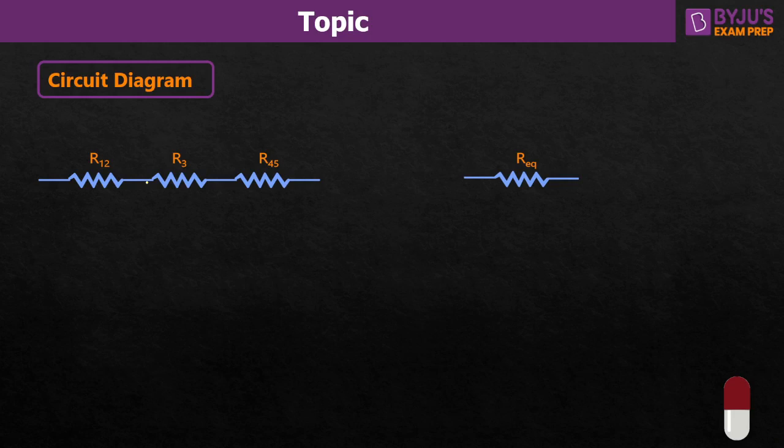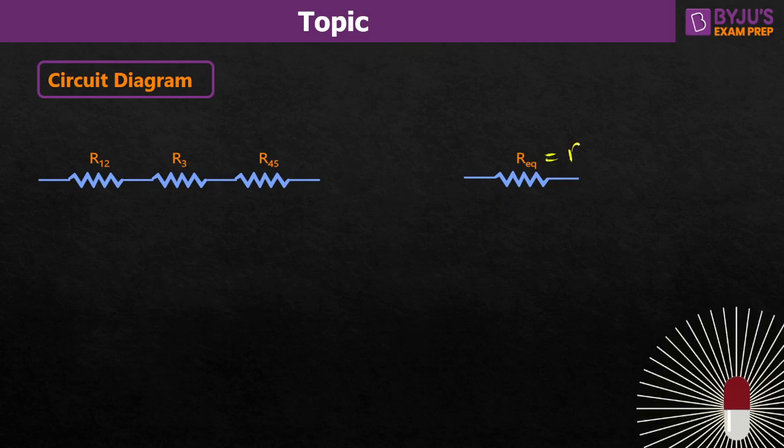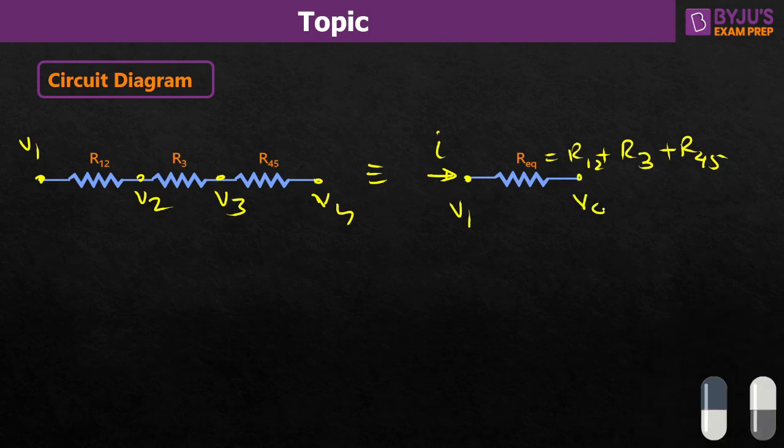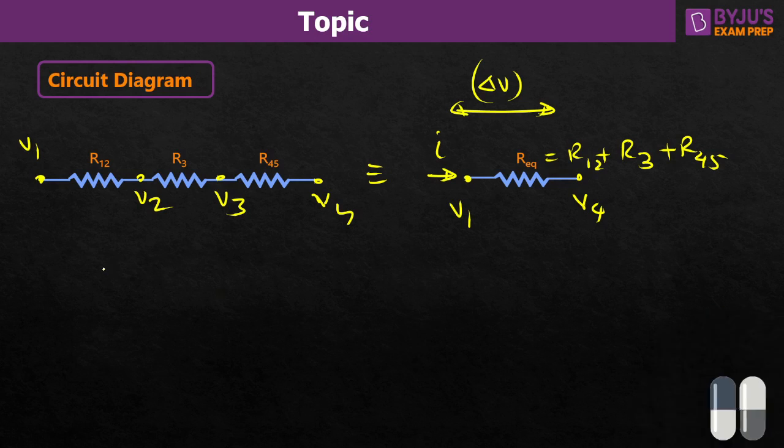R equivalent will be nothing but R12 plus R3 plus R45. This point represents V1 and this point V4, that is delta V overall, right?